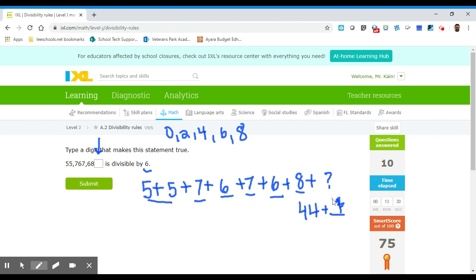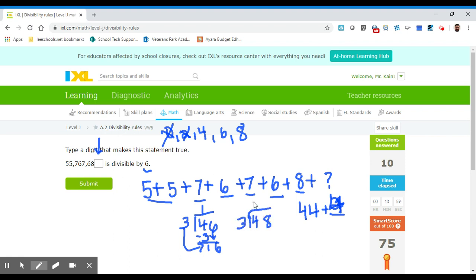If I put a 2 there, it's going to be 46. Does 46 divide by 3? So you can test it out. 3 goes into 4 one time with a remainder of 1. Bring down the 6. And this does not go in evenly. So it can't be 0. It can't be 2. Let's try 4. So if it was 4, it would be 48. Does 48 divide evenly by 3?